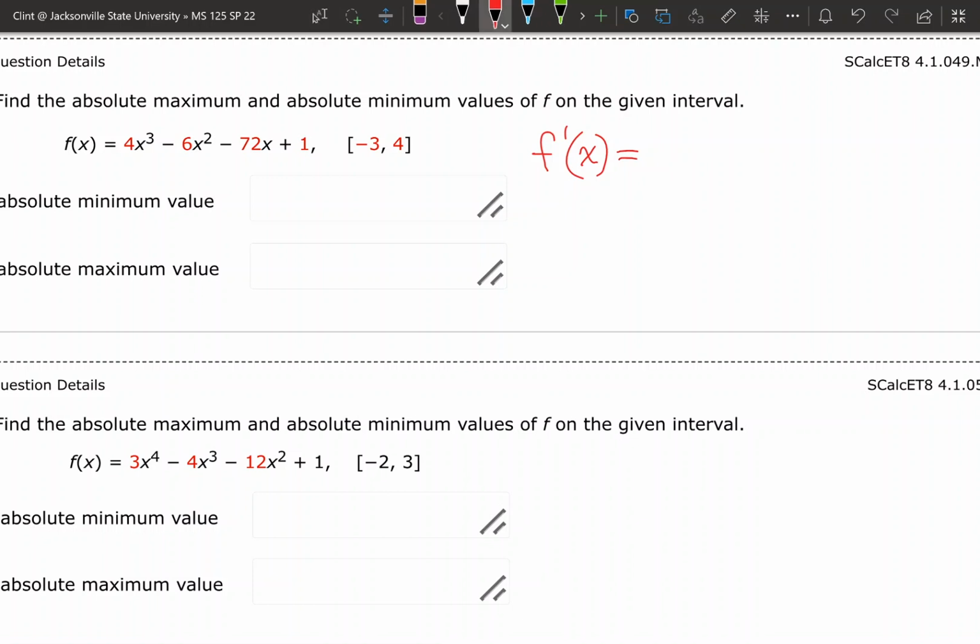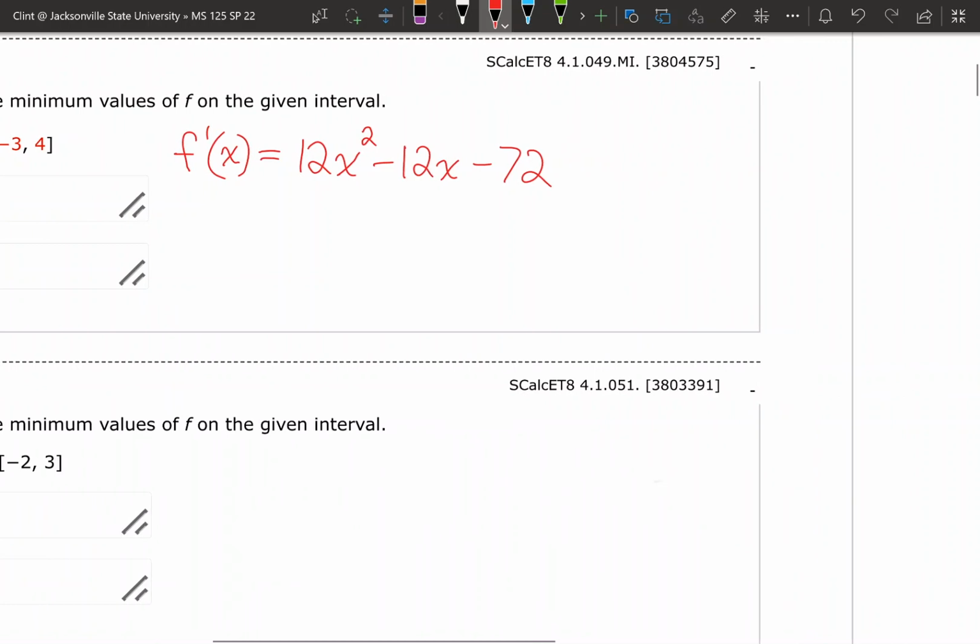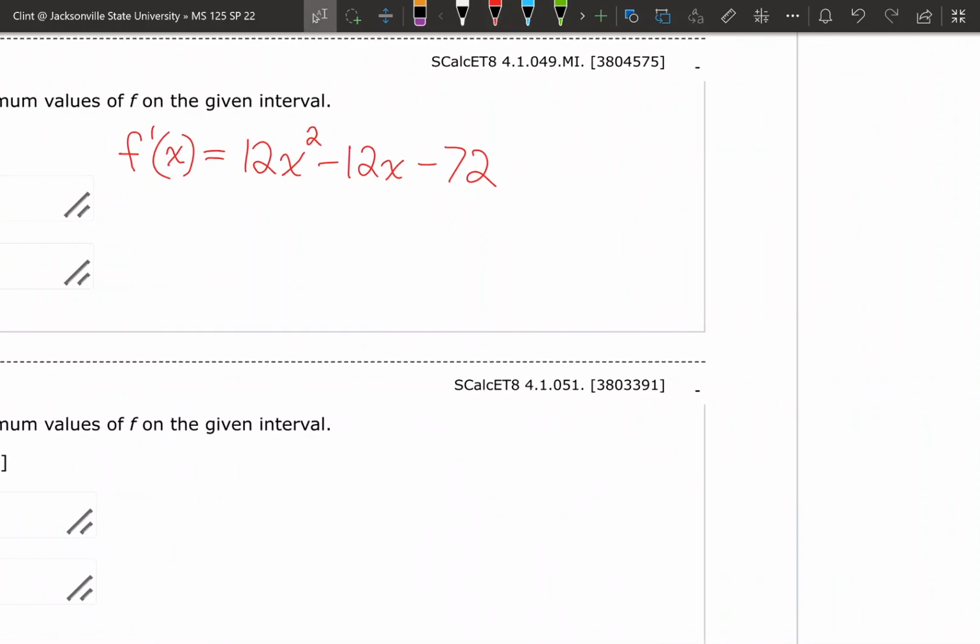Okay, so let's see, 12x squared minus 12x minus 72. The website gave me some not great numbers on this one, a little bit big, but we've got that factor of 12, which will help.